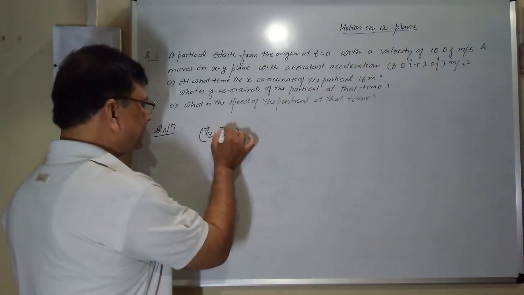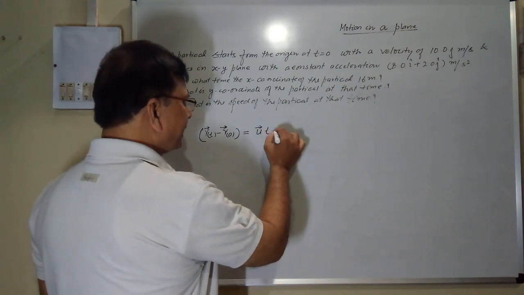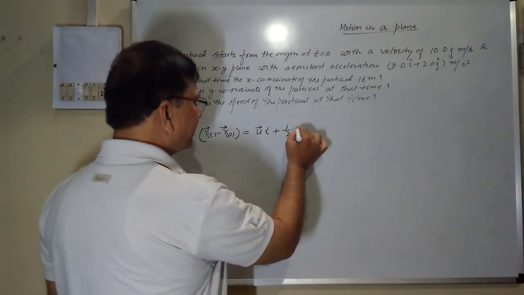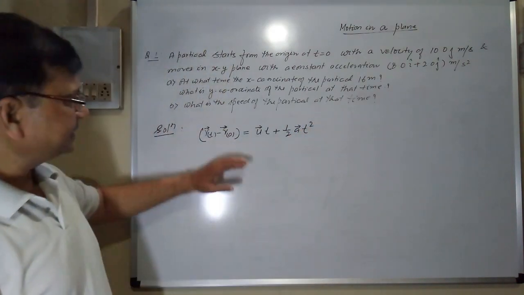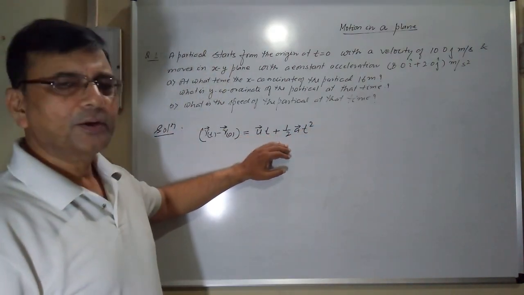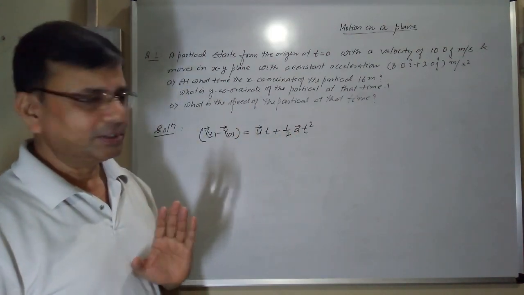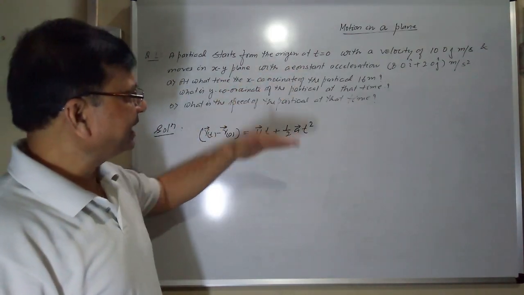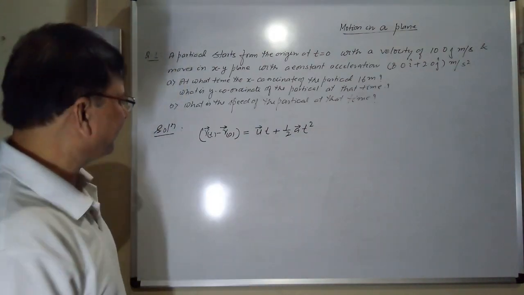Displacement vector is equal to ut plus half at square. This is the equation of motion when the acceleration is constant. So whatever is given, we will simply put in this equation.